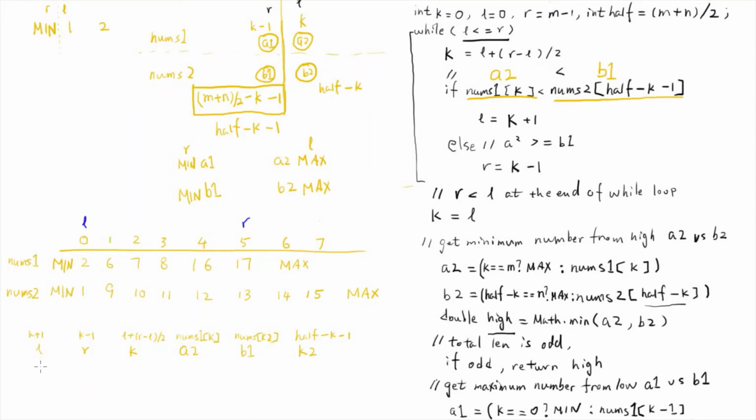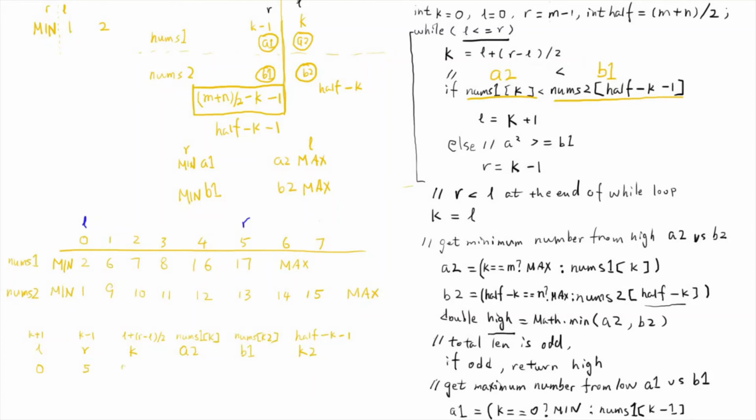When we first start the loop, L is equal to 0 and R is equal to 5. The formula here, k plus 1 and k minus 1, is only used when we move the left boundary or the right boundary, but the initial value for L and R is 0 and 5.